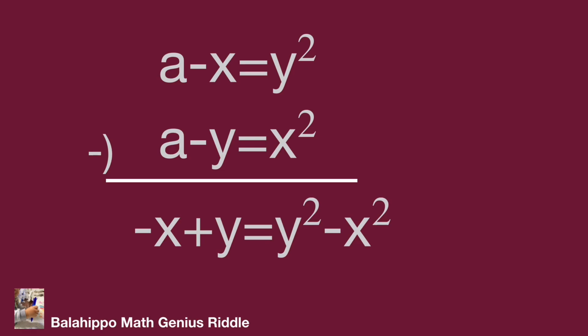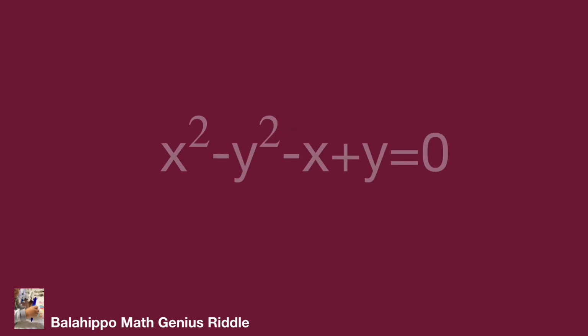Move all the items to the same side. For this result, we have x squared minus y squared minus x plus y equals 0. Then try to factor this equation.